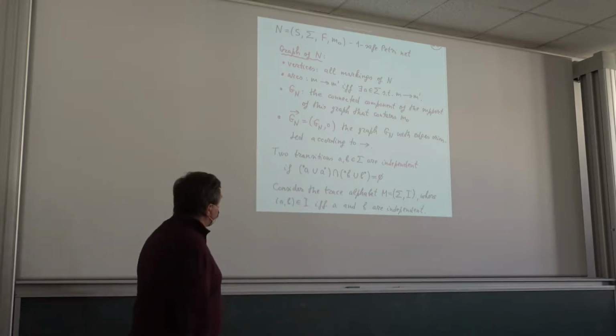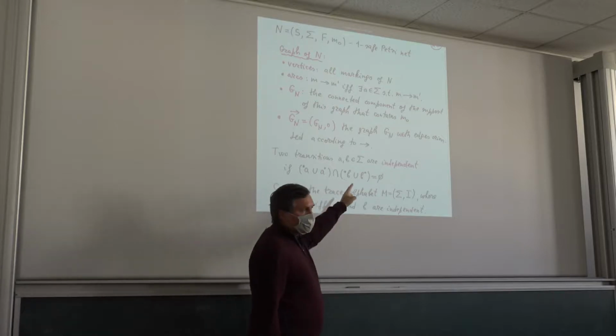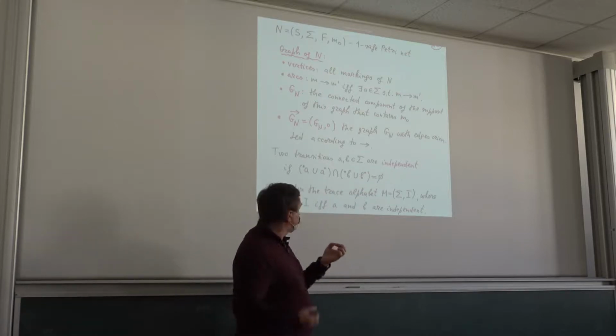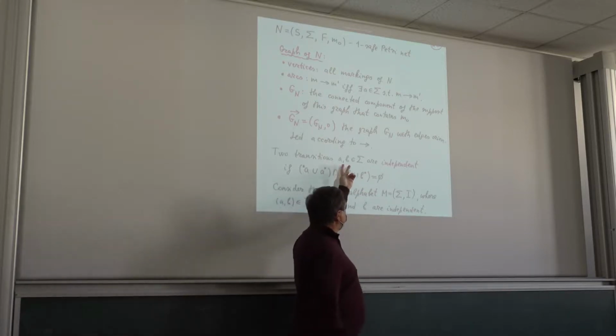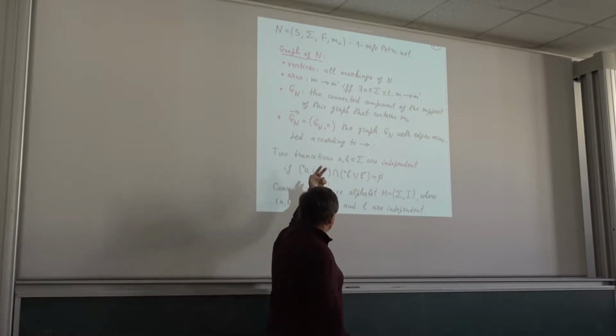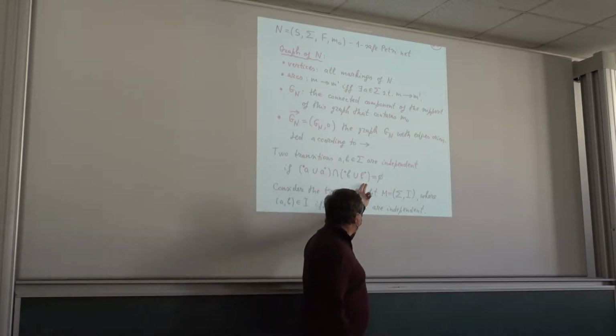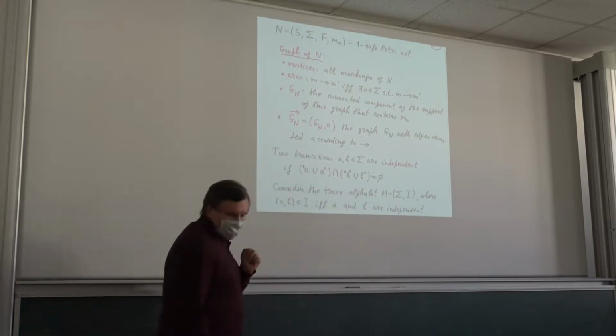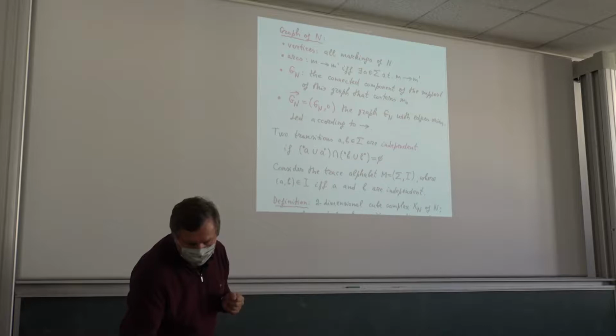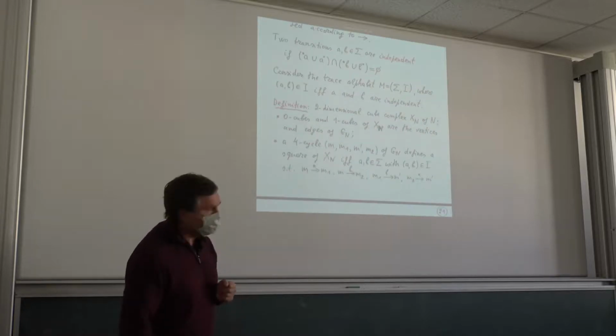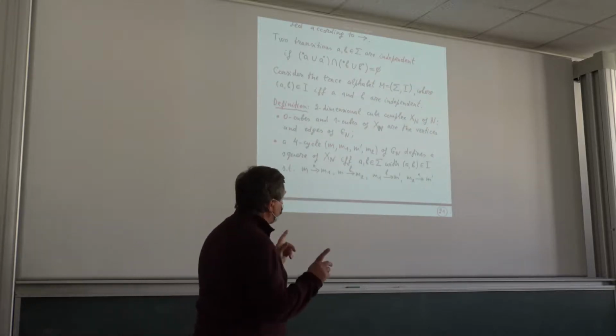And now, in one safe Petri net, there is a standard way to define which transitions are independent. And 2 transitions are independent if they satisfy this relation. Okay, and now we define the complex in the following way. We define a 2-dimensional cube complex.